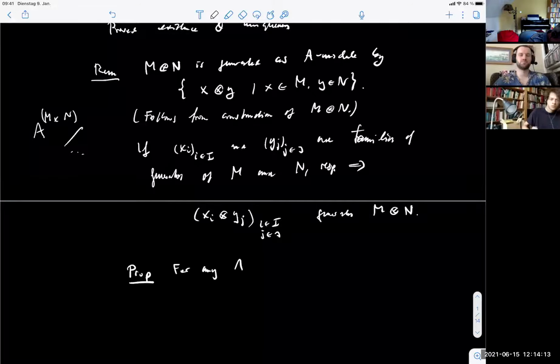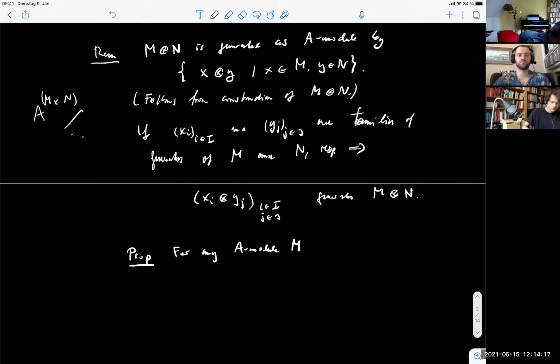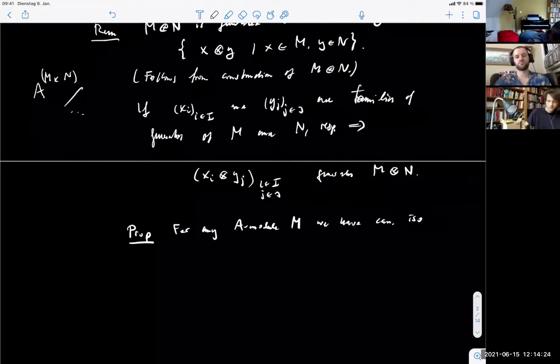For any A module M, we have the canonical isomorphism. So what I want to say is this. I form A tensor M, which I view as an A module over itself. So this makes sense.